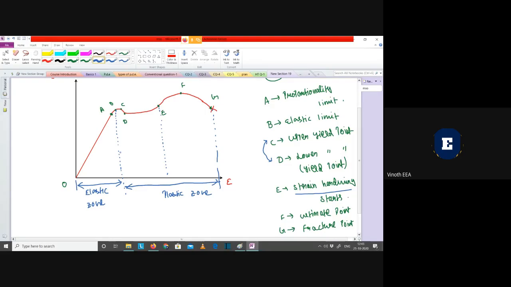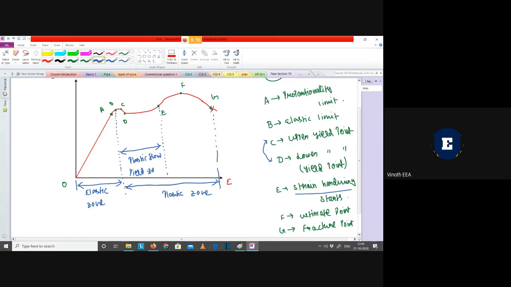It is called plastic flow, or it is also called the yield zone.